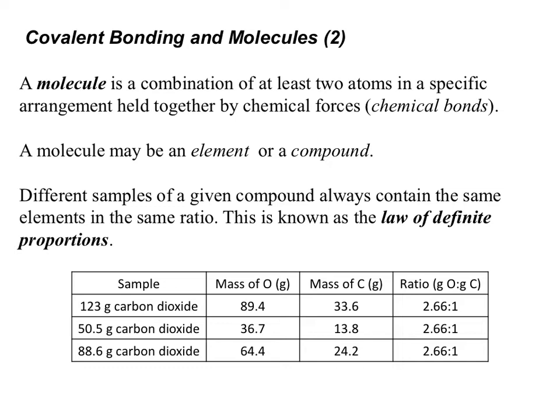So just as an example, if we were to take 123 grams of carbon dioxide, there will be 89.4 grams of oxygen in it and 33.6 grams of carbon in it, giving you a ratio of 2.66 to 1. However, if we take 50.5 grams of carbon dioxide and we end up with a mass of 36.7 grams of oxygen and 13.8 grams of carbon, we still have the 2.66 to 1 ratio.